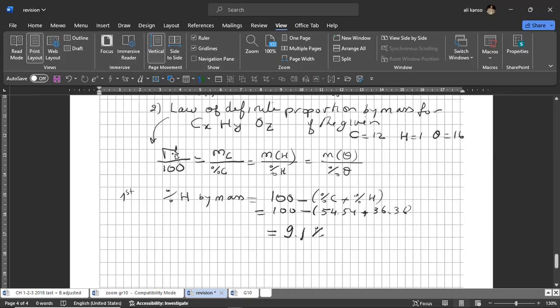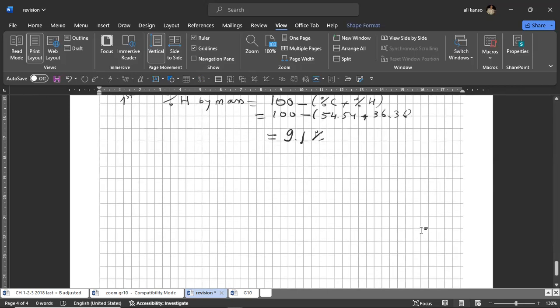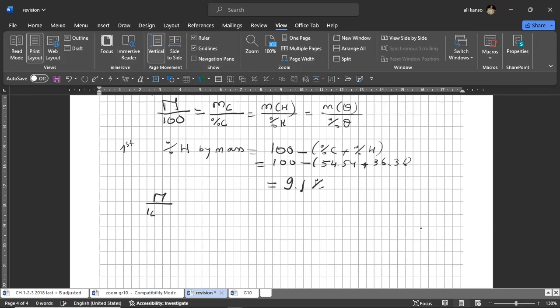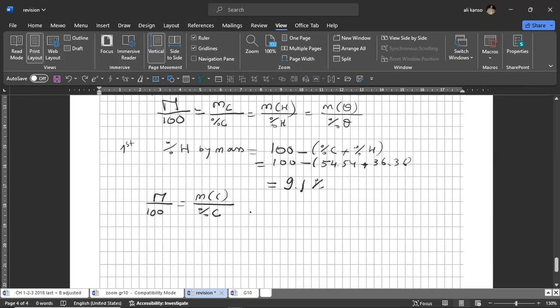Now we have the molar mass and the percentages of carbon, hydrogen, and oxygen. We can calculate the mass of carbon, hydrogen, and oxygen. We can say molar mass over 100 equals the mass of carbon over the percentage of carbon. Substitute the numerical values.